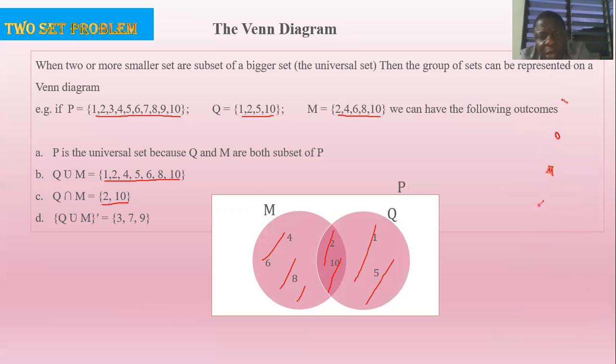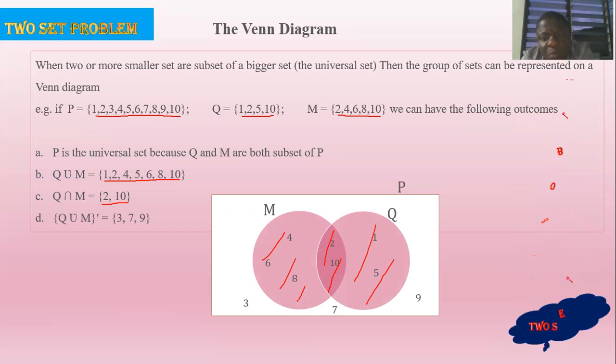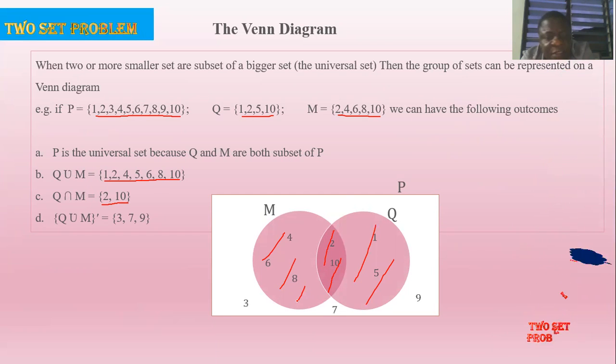However, you will agree with me that 3, 7, and 9 become the complement of M in your Q because they are in the universal set but not part of the union of P and M. Again, we can also agree that if the universal set contains too many elements, let's say for instance, counting numbers up to 100, it may become difficult to illustrate that on the Venn diagram because the numbers involved will be many.